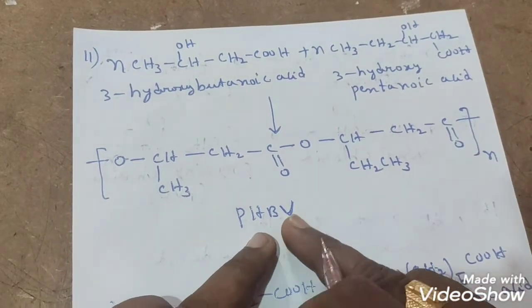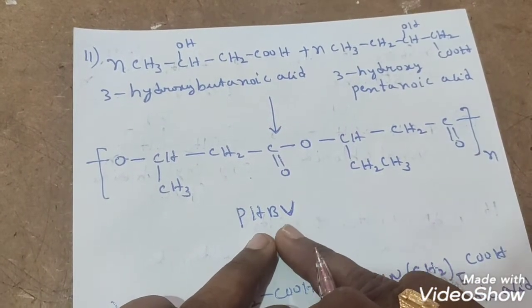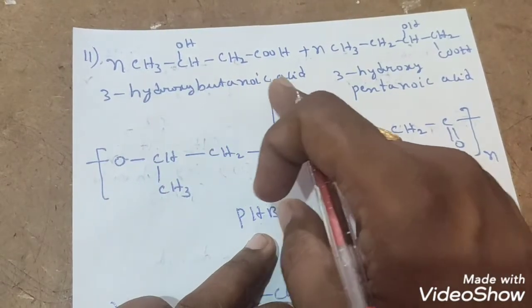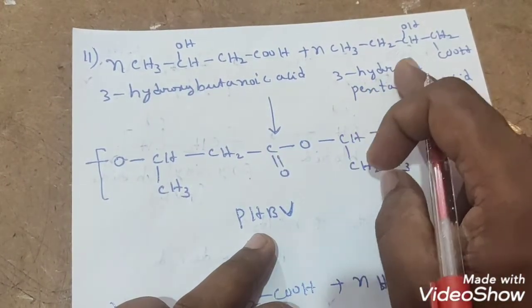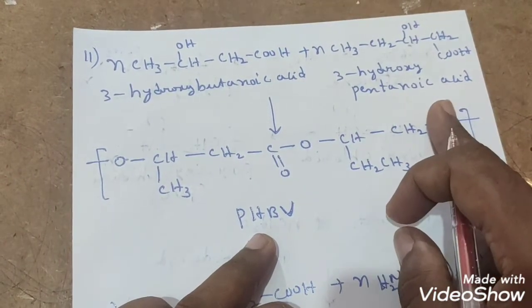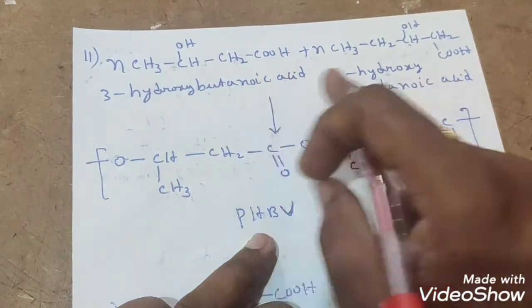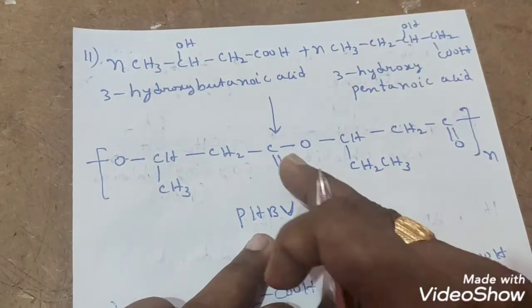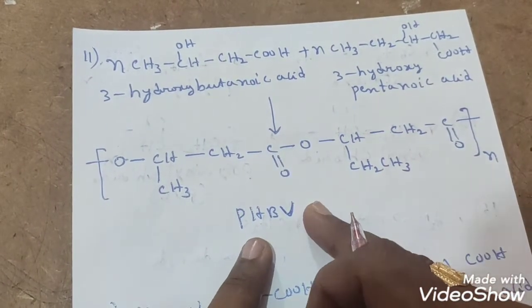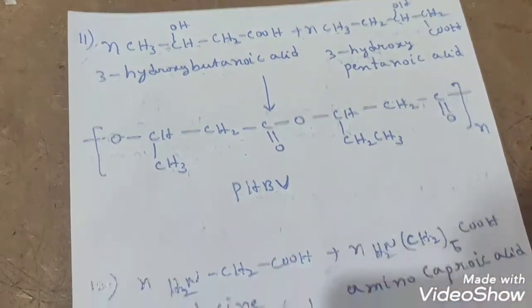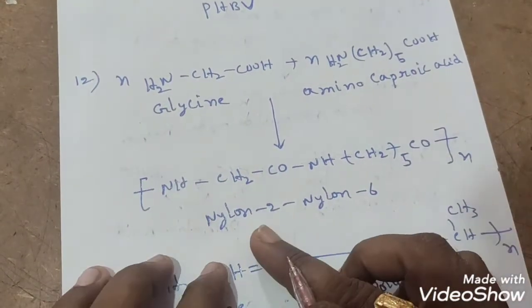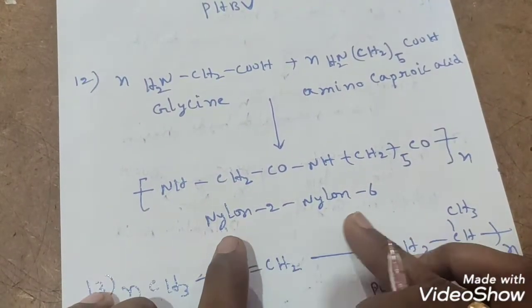Okay, now this PHBV, what are the monomers of PHBV? 3-hydroxybutanoic acid and 3-hydroxypentanoic acid, students. So these are the monomers that you have to identify. This is the partial structure of PHBV. And next I have given to you nylon 2 nylon 6.